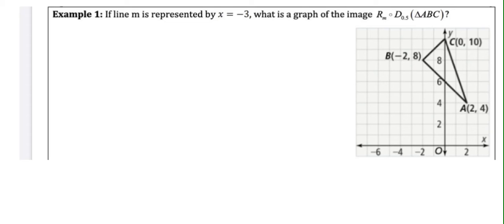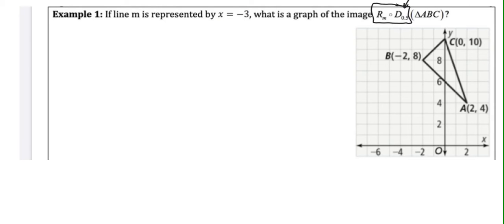Now, the first example we'll look at says: if line M is represented by x equals -3, what is the graph of the reflection over M and a dilation of 0.5 or 1/2? So remember when we have these composition problems, we do the second part first.